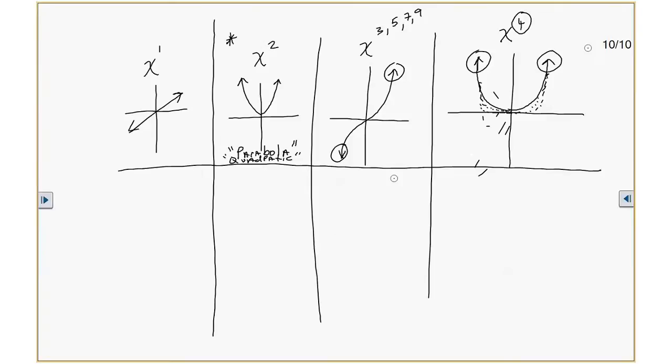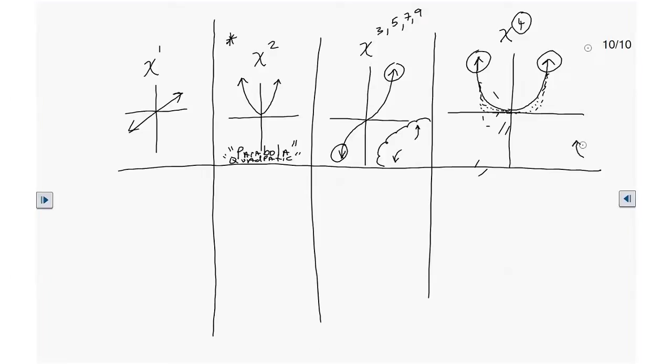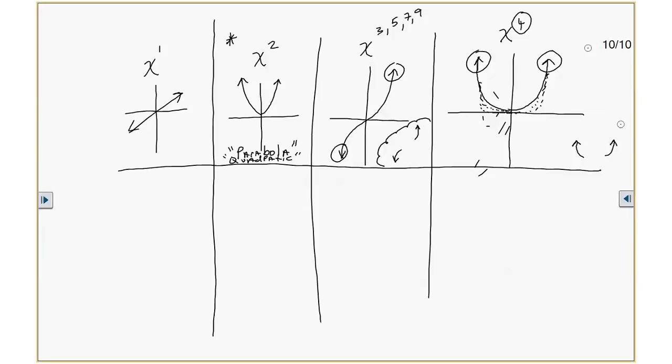So you might want to go down here and put a little cloud around it. That's the ending behavior for all of those functions. And the ending behavior for the quartic functions is like that. And you might want to make a note of that because you're going to see that in the book. It's called ending behavior.